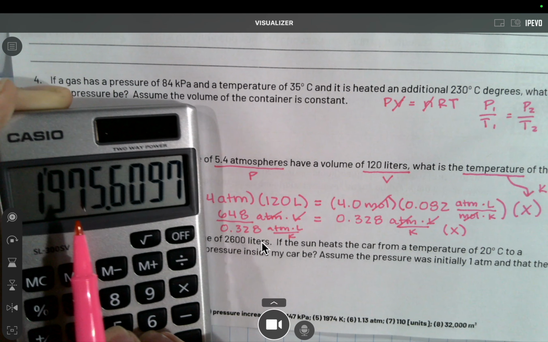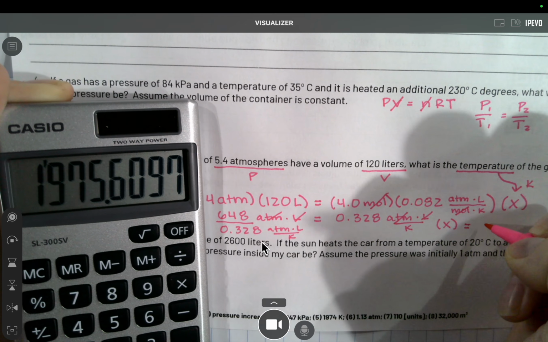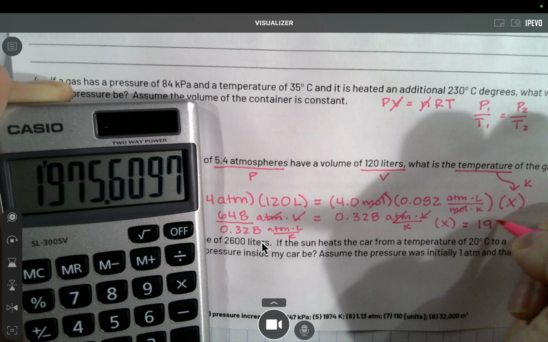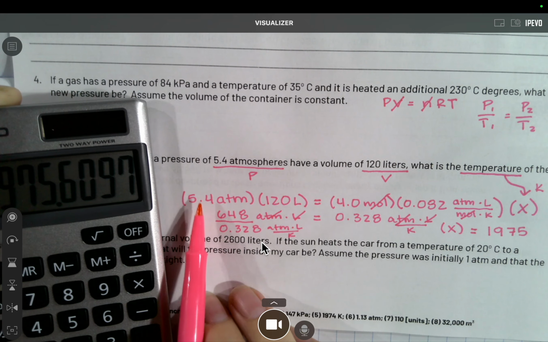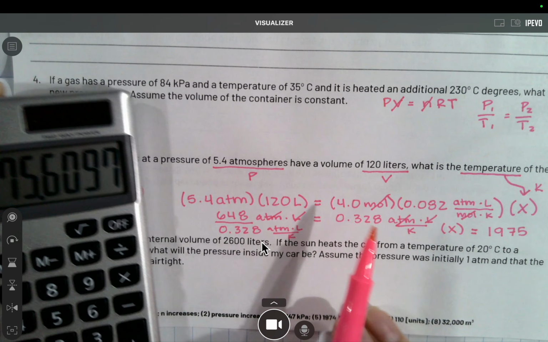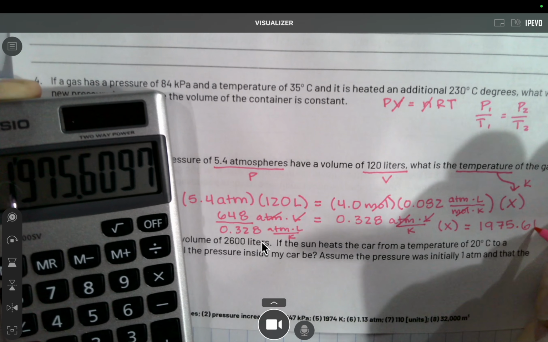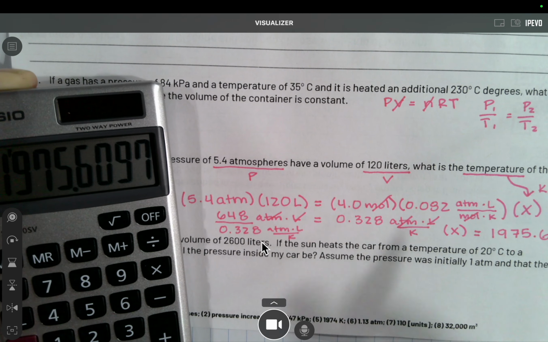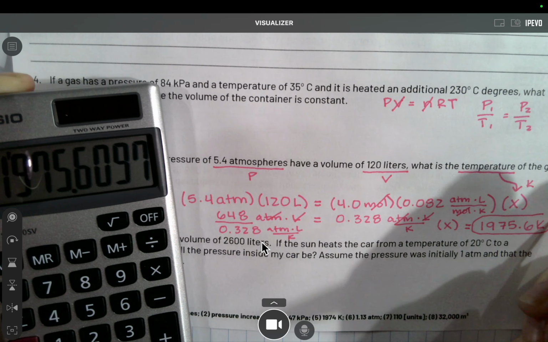Okay, wow, we've got an answer there. Right, so it looks like x by itself is going to equal 1,975. Now, how do we round? Well, let's take a look. We've got one decimal place here, none there, one there. Yeah, I'm going to stick with one decimal place. There are ways to figure out exactly what this should be, but today's not the day. All right, so there's my final answer. I'm going to circle it. I've got my units on there.